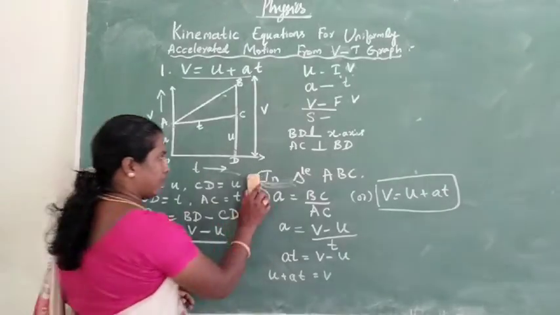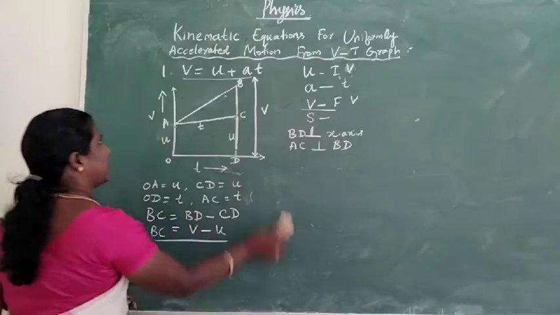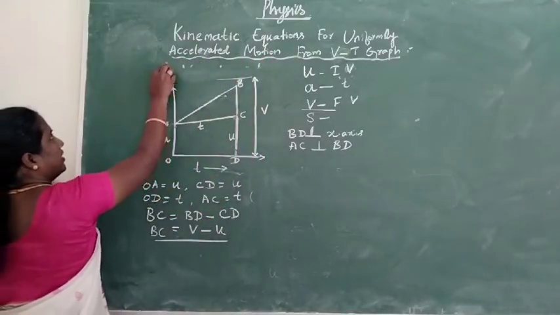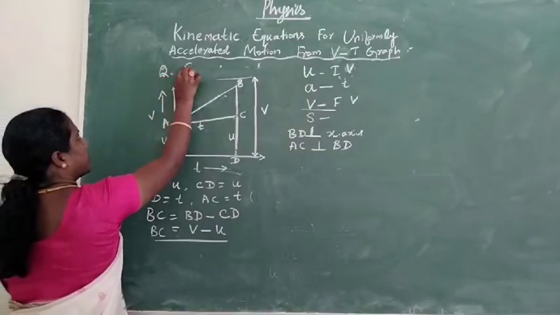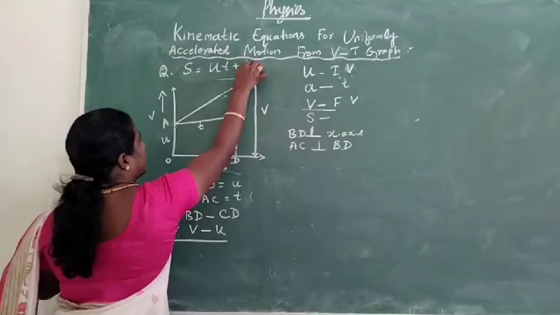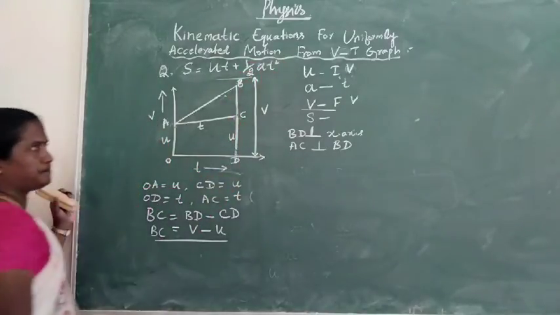So I will drop this T here. Just let it be. So let us take the second equation. The second is, we will derive displacement S is equal to ut plus half A into T square.